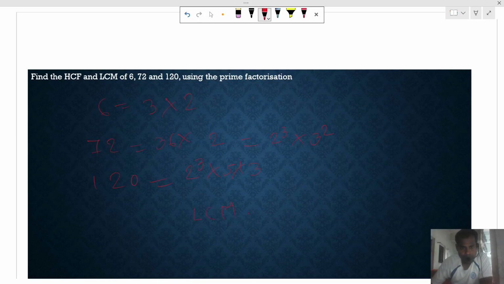LCM is equal to 2 to the power 3 into 3 to the power 2 into 5, and HCF is equal to 2 into 3.